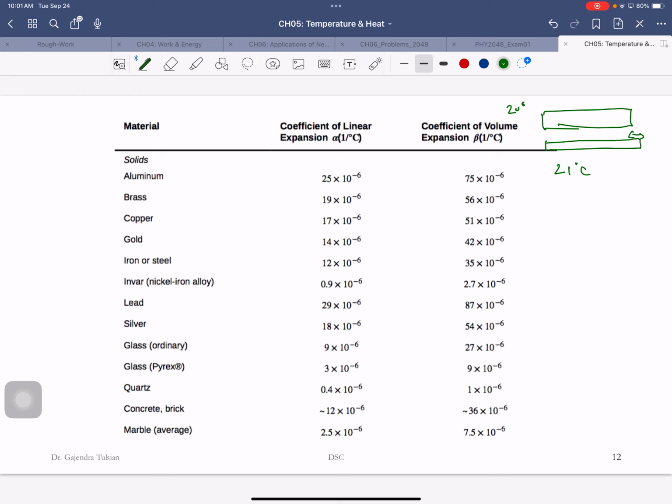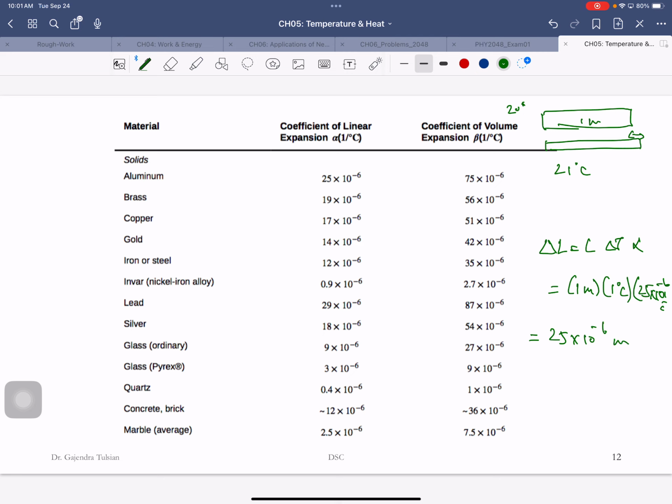The expansion is given by L times change in T times alpha. Remember, this was 1 meter, and we're going to raise the temperature by 1 degree Celsius, and alpha is 25 times 10 to the minus 6 per degree Celsius. So 25 times 10 to the minus 6 meters is the expansion.